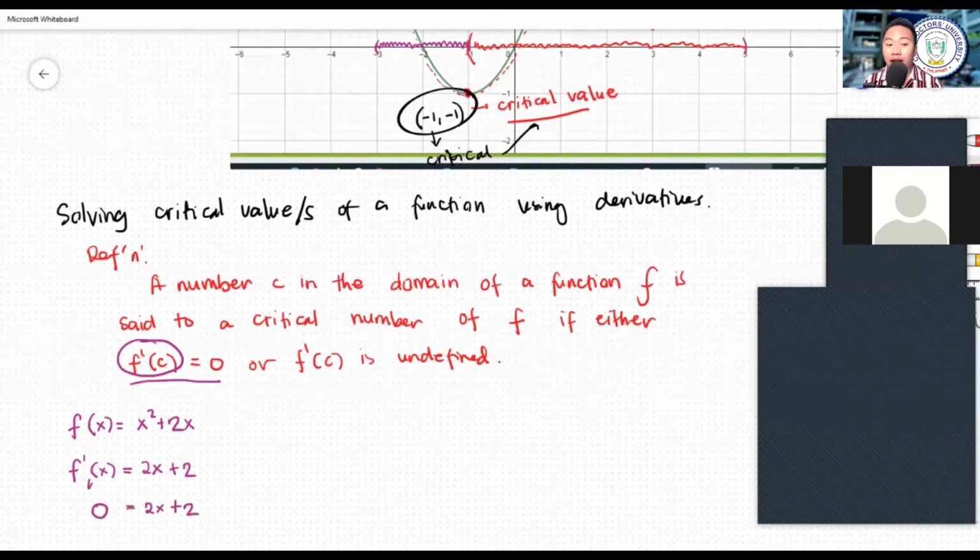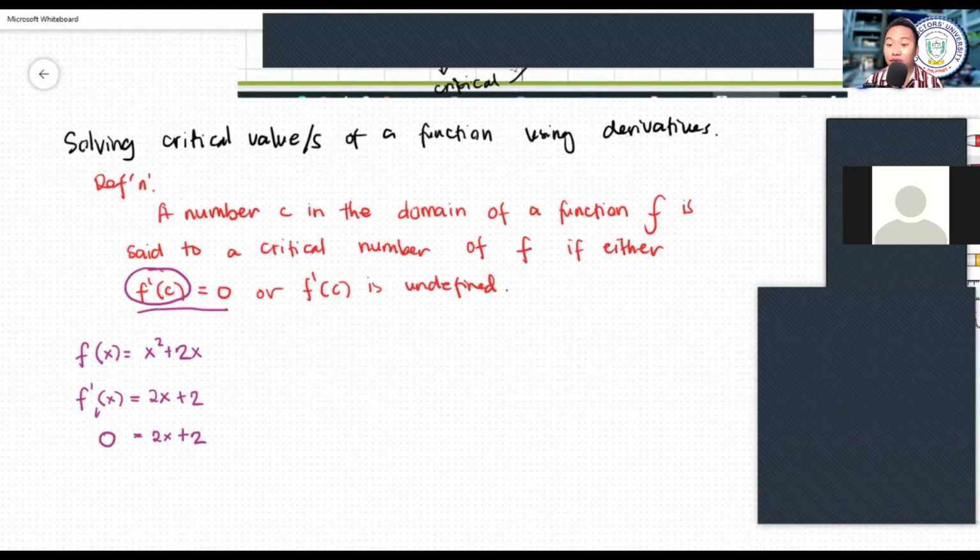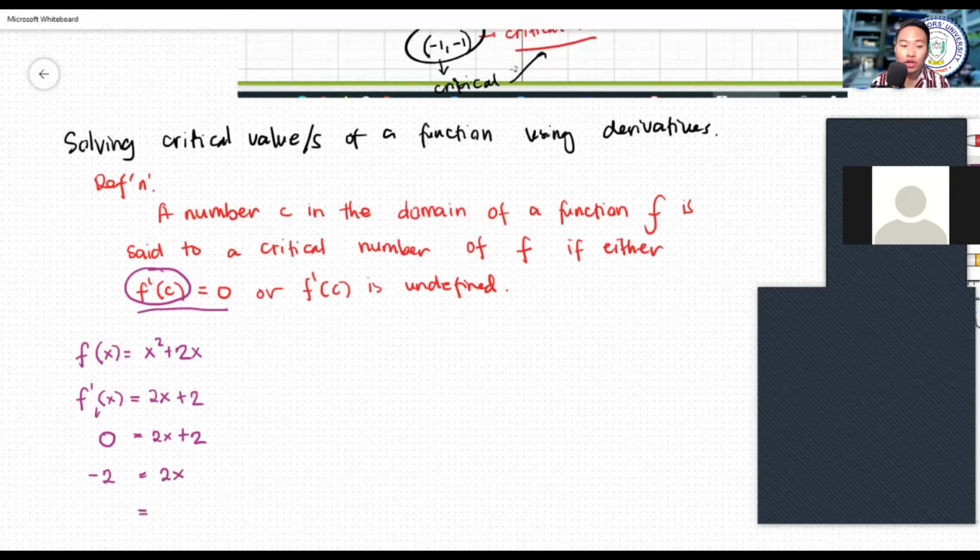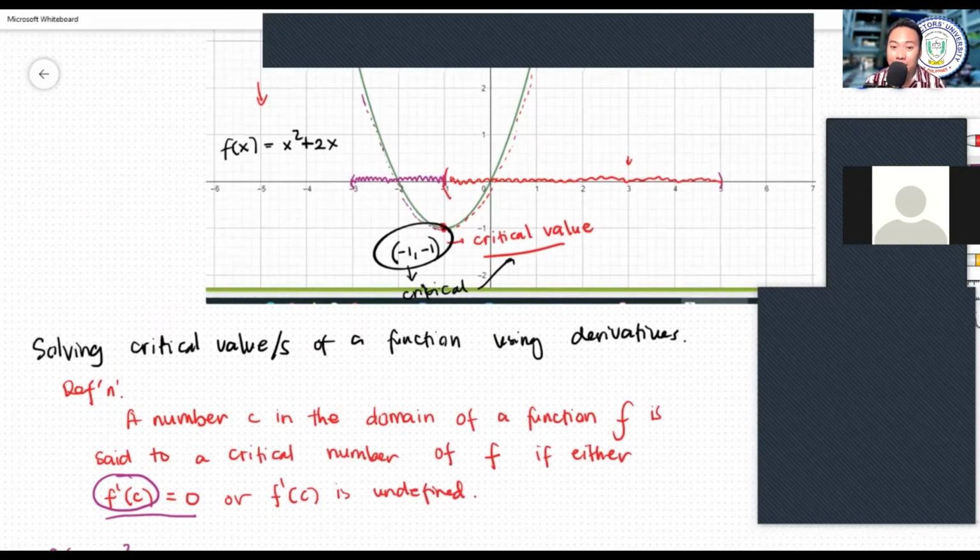And from here on, you're going to solve for the value of x. So that's going to be 2x equals negative 2. Agree? And dividing both sides by 2, you would have x equals -1. There you go. This is the same thing as what I have shown you here.